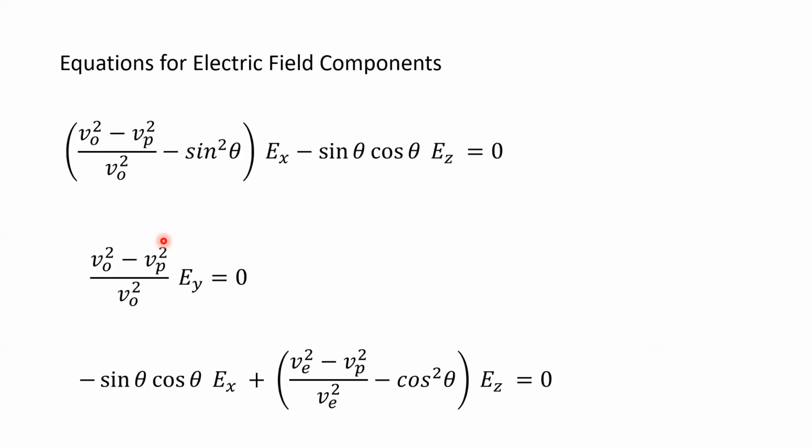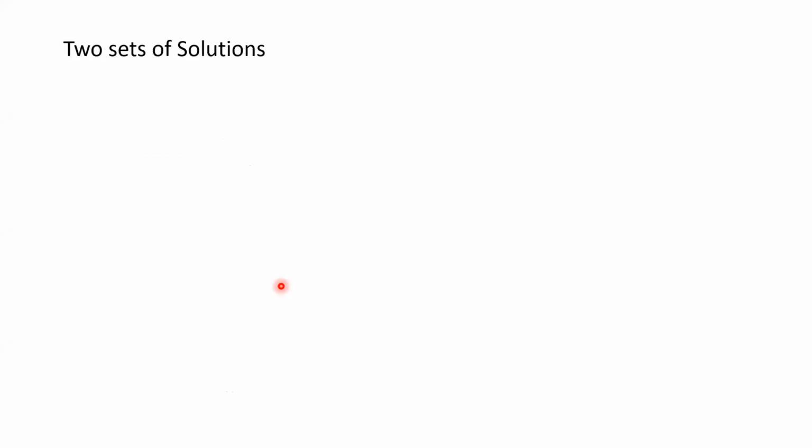But here things are slightly different, because you do not have one unique solution. You have two separate sets of equations, and when you solve them, you get two different sets of solutions.